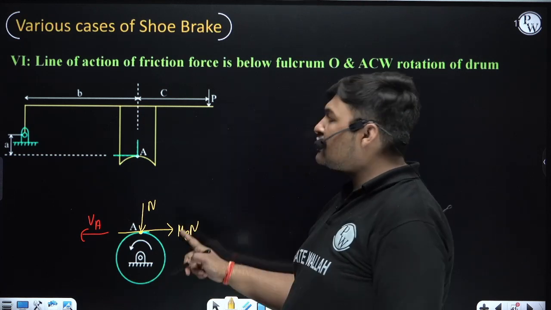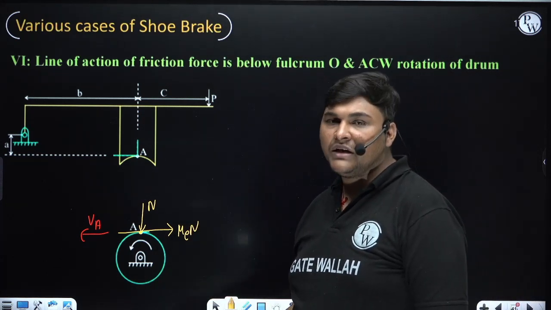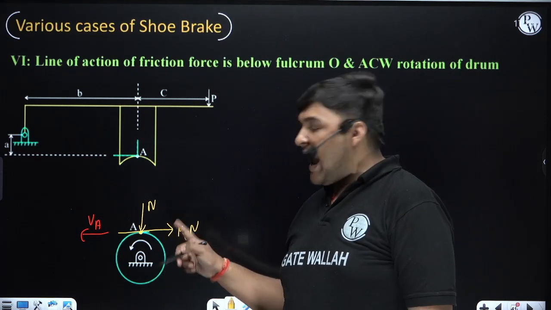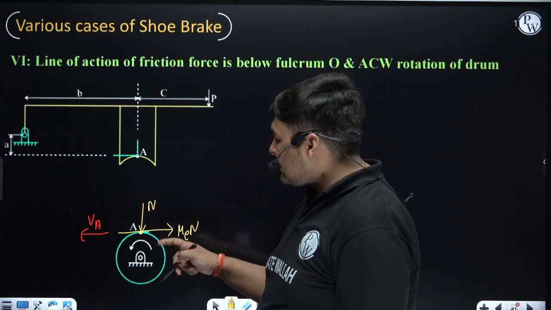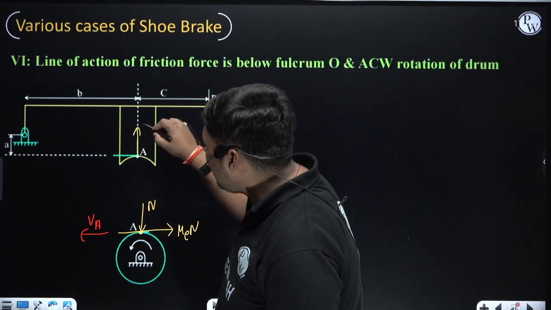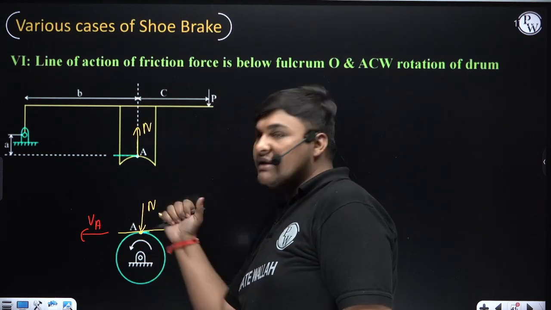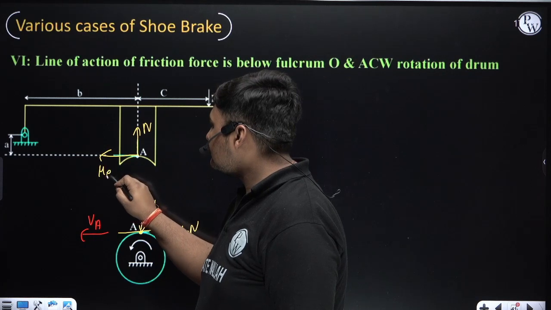Now we will draw this contact force in the FBD of lever. At point A, the contact force will be equal and opposite. For contact force N, here N is coming downward, so in lever at point A, N will come upward. Here friction is coming in this direction, so in the lever friction will come in the opposite direction.